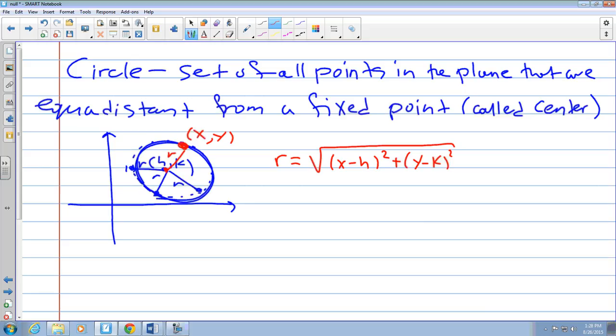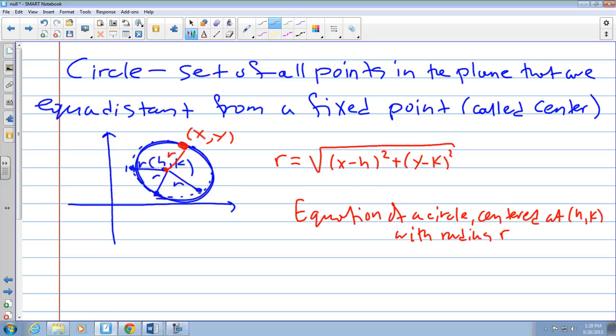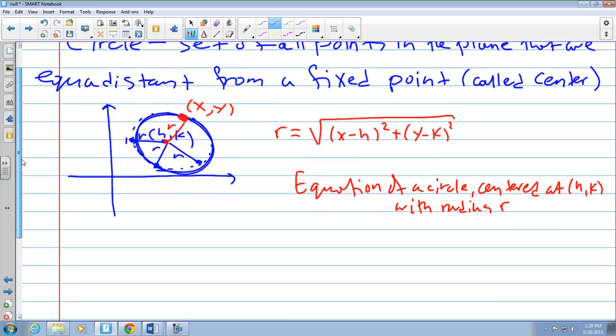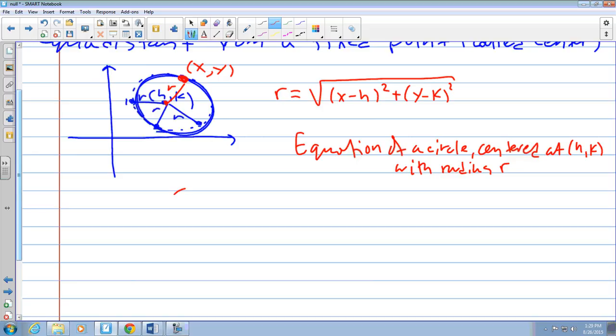And if I don't like that square root, I square both sides and I get this. I can produce the equation of a circle centered at hk with radius r, and it's just going to be this.